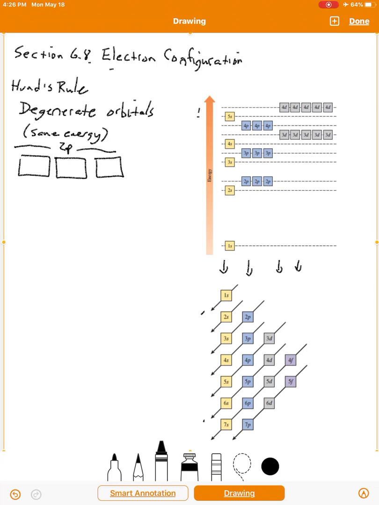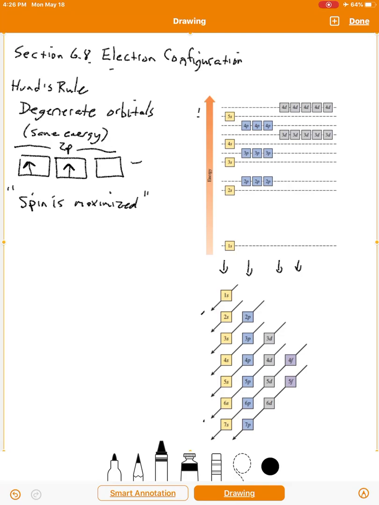For degenerate orbitals, which generally means a subshell, spin is maximized. Now, in practice, what that means is, if you have more than 1 electron, let's say you have 2, maximizing spin requires the electrons go into separate orbitals with parallel spins.